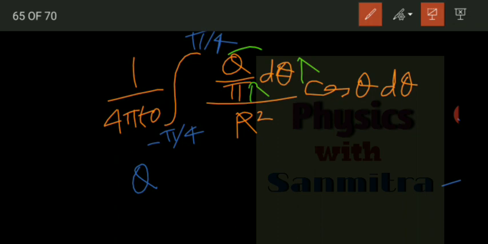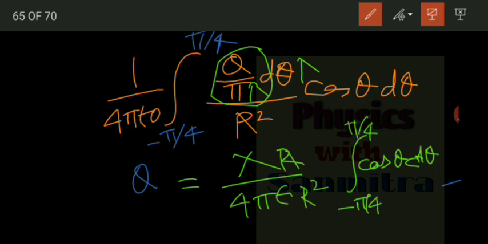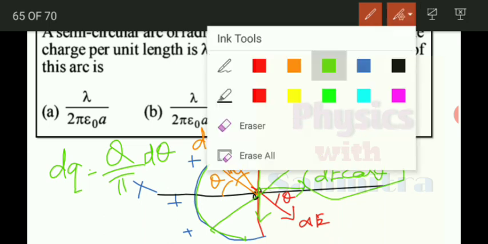This q by pi r will be my lambda, so I will express it in terms of lambda only: lambda by 4 pi epsilon naught, and r also will come out, and below it's r square, so it is cos theta d theta from minus pi by 4 to pi by 4. This r square and r, one r will cancel, and my final answer comes out to be option A, that is lambda by 2 pi epsilon naught A.